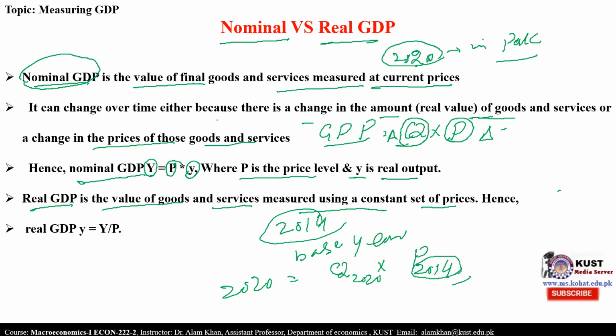So here we are using a set of prices as a constant that is determined by the Federal Bureau of Statistics. So real GDP will be equal to y, which is Y divided by P. Here we are keeping the prices constant.